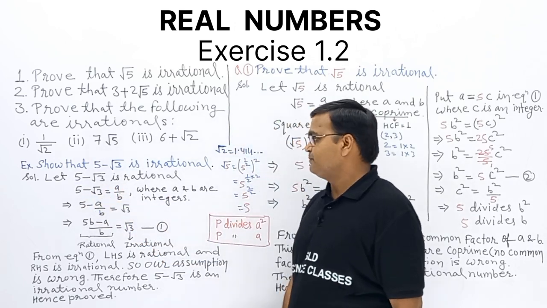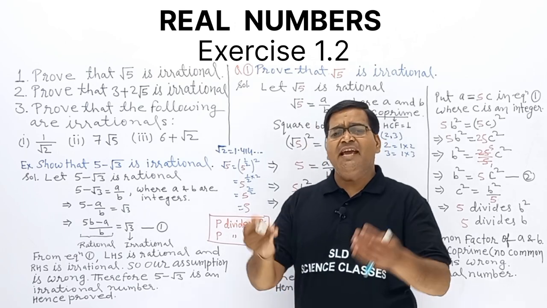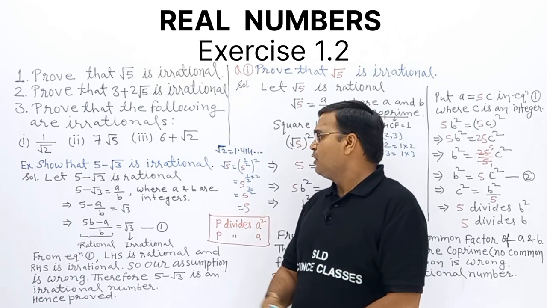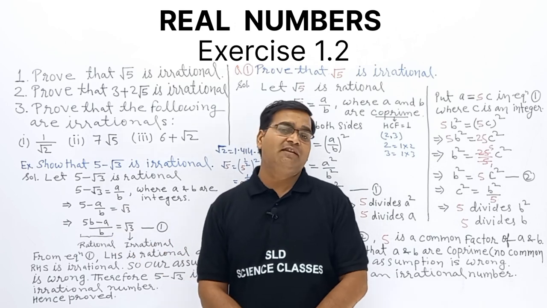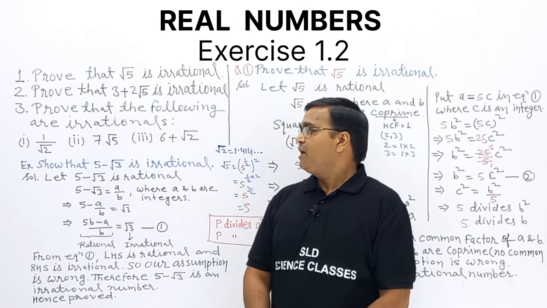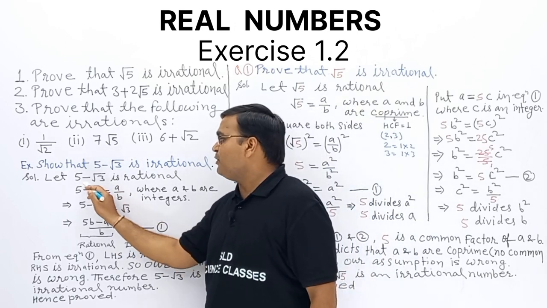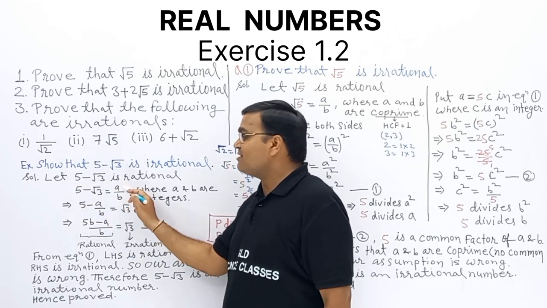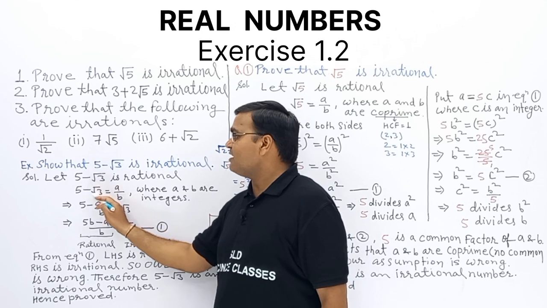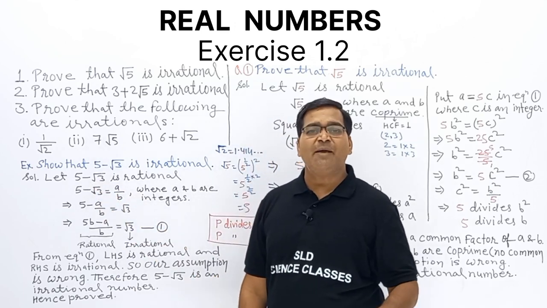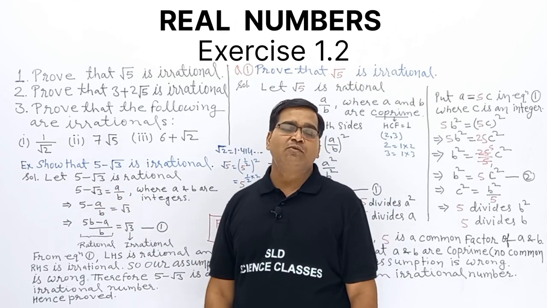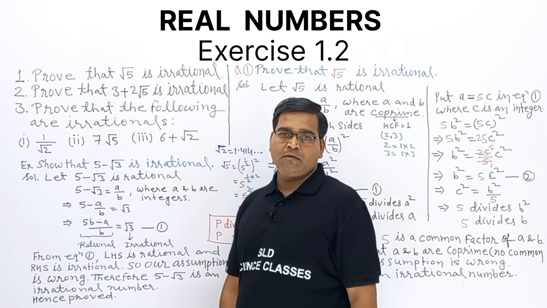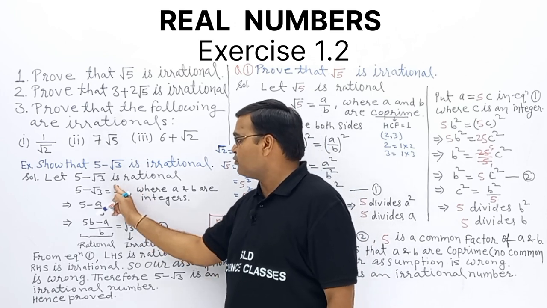Then what will we do? In the next step, we will separate the rational and irrational numbers. By observing this equation, 5 is rational, a upon b is rational, but root 3 is irrational. So on one side we should take only rational.